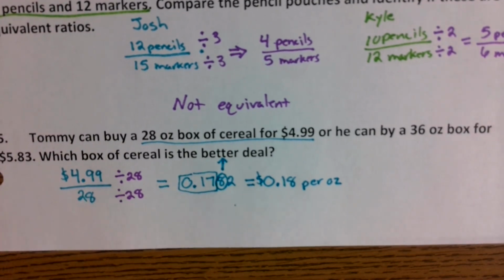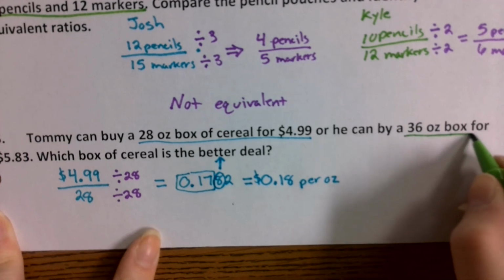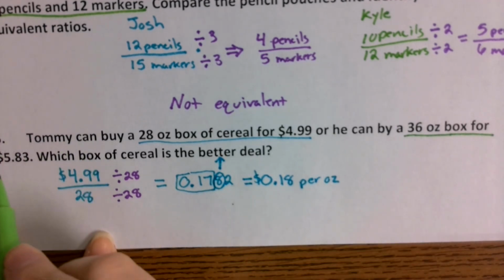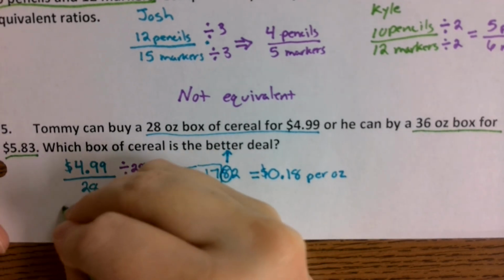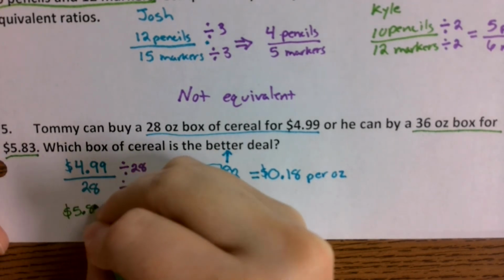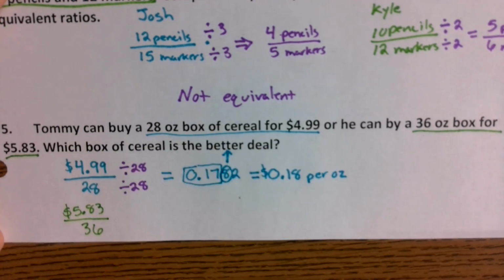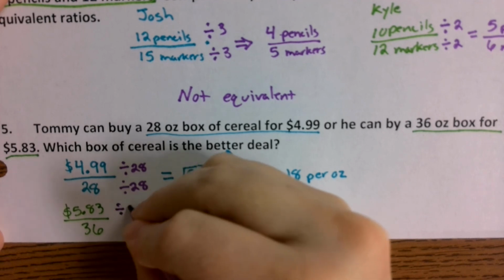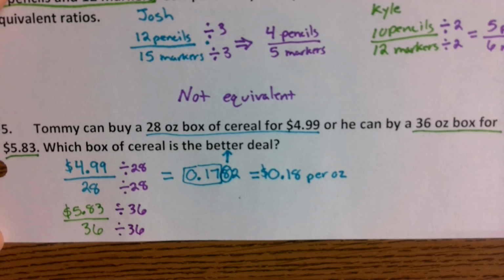Okay, then we're going to do the same thing for the 36-ounce box for $5.83. So we're going to take $5.83 and we're going to divide it by 36. $5.83 divided by 36.